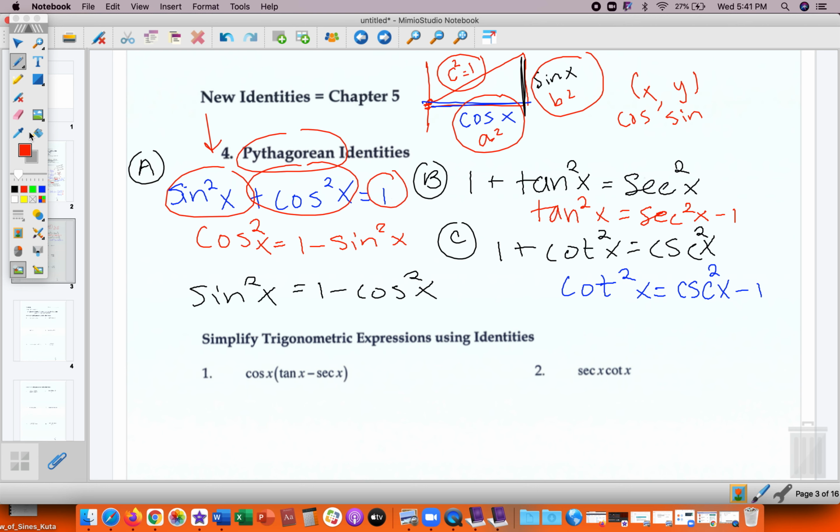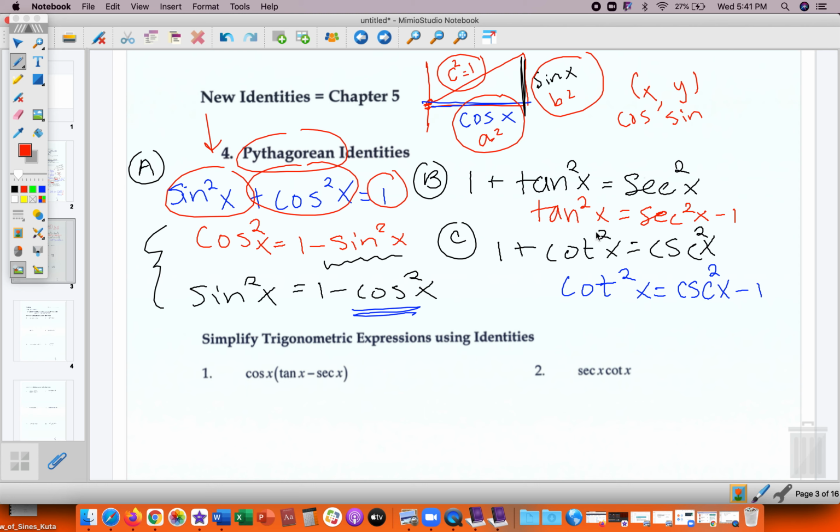Now, once you have that, you can rearrange to get all of the following beneath it. If I take sine squared plus cos squared equals 1, and I subtract sine squared x from both sides, you have cos squared x equals 1 minus sine squared x. If you want to isolate sine squared, you subtract cos squared x from both sides.